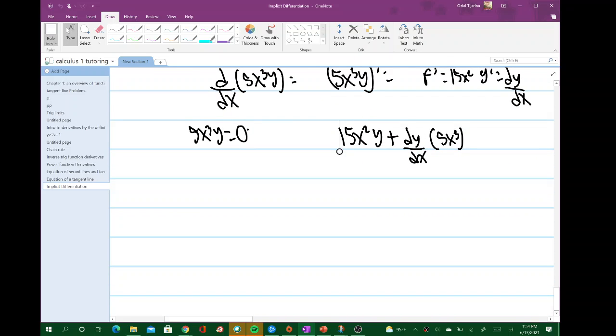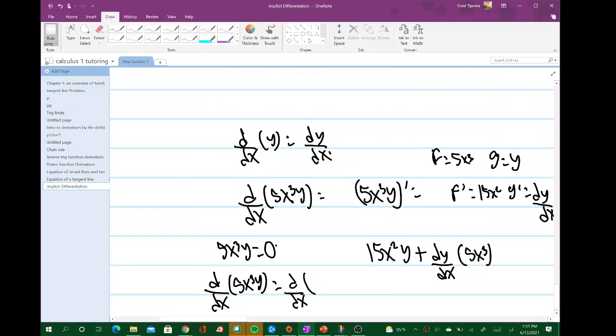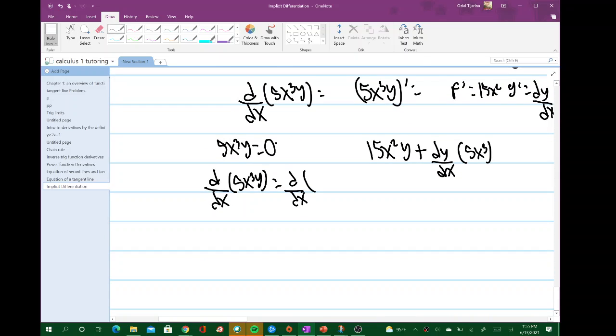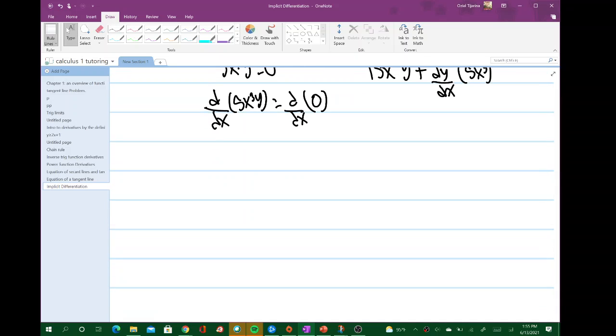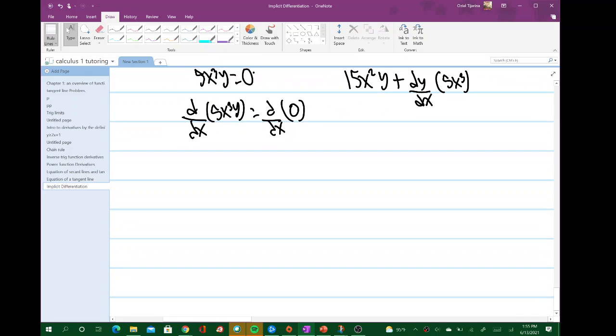That means that when we take the derivative of one side, we're going to take the derivative of both sides. So d dx of 5x cubed y is equal to d dx of 0. And we're going to have 15x squared y plus 5x cubed dy dx is equal to 0.